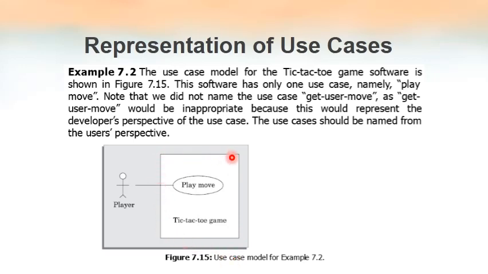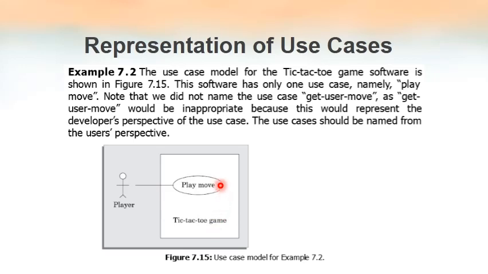So a use case represents the interaction or the action that the user needs to perform. Since it's a game, the user needs to perform only one action, that is to play the move. And this is the communication relationship between the actor and the use case.